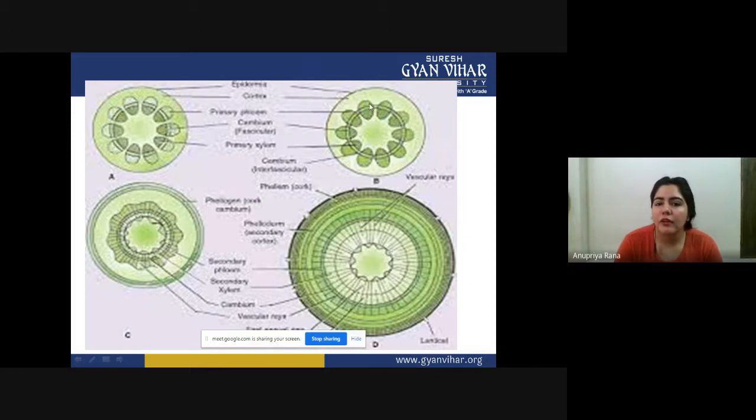So majorly phloem will be formed towards the periphery, and xylem will be formed towards the center. This is the major growth direction: xylem is always produced inward, towards the pith, and phloem always forms towards the periphery, the outer position.